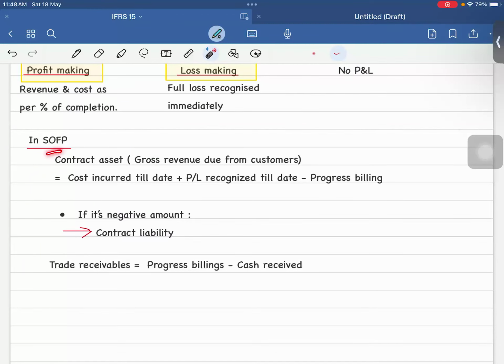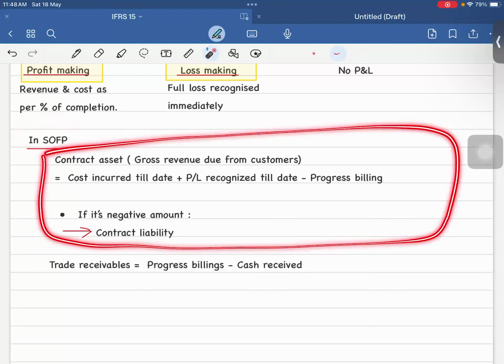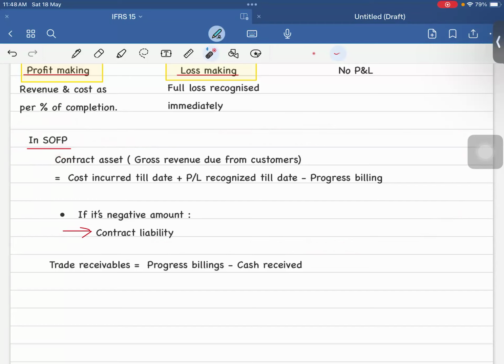Now, in the SOFP, you're going to follow this equation in order to record things. You have to provide a contract asset, like you show trade receivables. This is the gross revenue that is due from the customers. Since the construction doesn't take place fully, you have to record gross revenue. How do you do that?